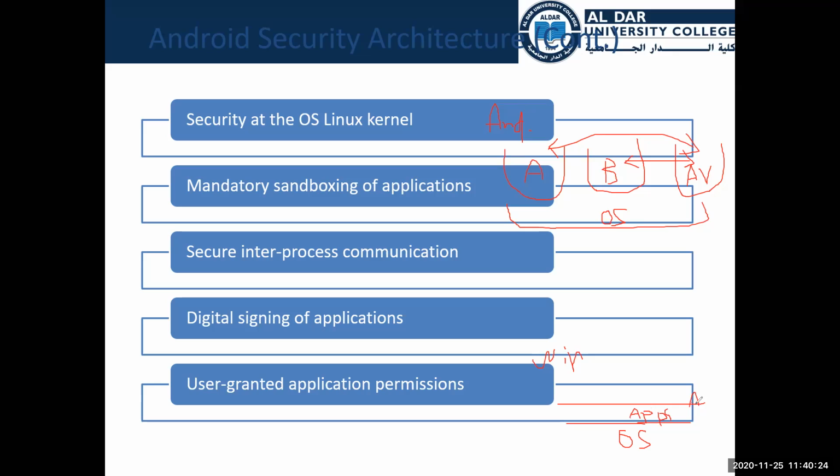One of the apps is antivirus, in one of these layers. So it can control the entire operating system together with the applications. So here antivirus is more effective than here, just because the antivirus is sandboxed.